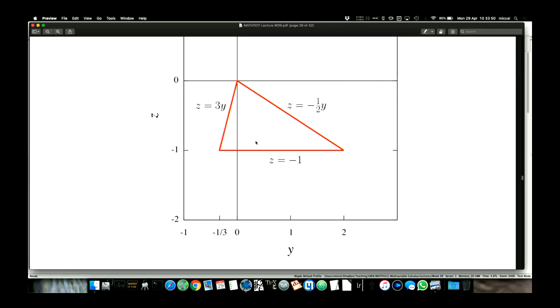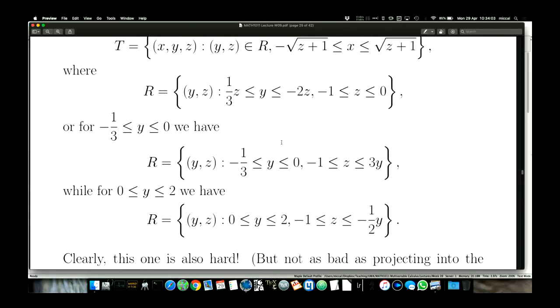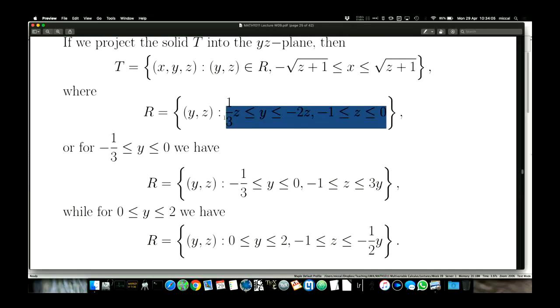But if I wanted to integrate with respect to z first, then over here z goes from here to here, and over here it goes from, that would split it up into 2 regions as well. That's requiring two integrals, so that's a lot of work as well.